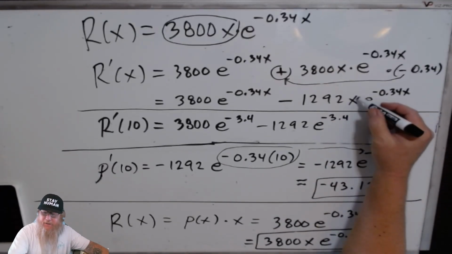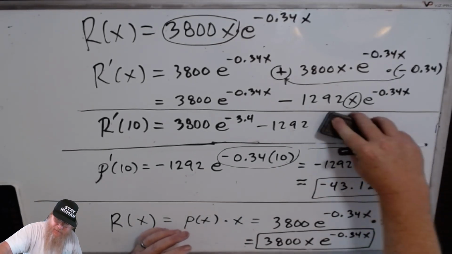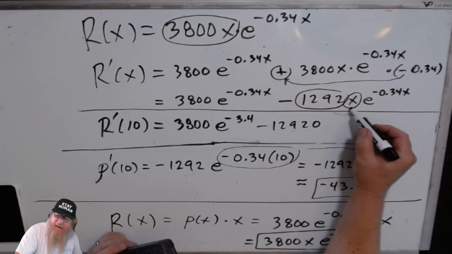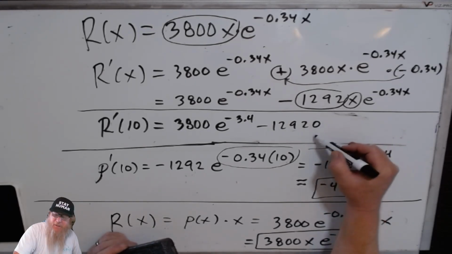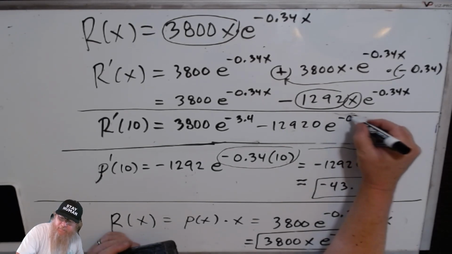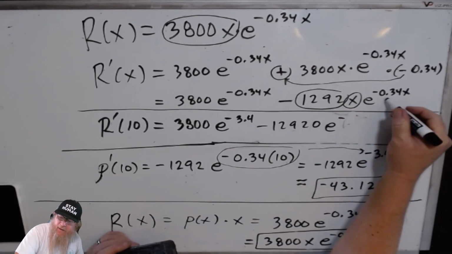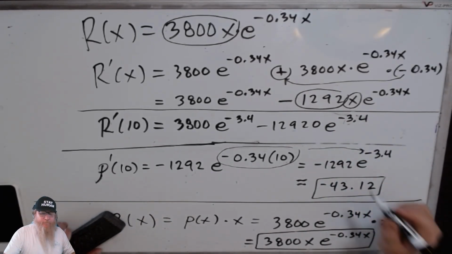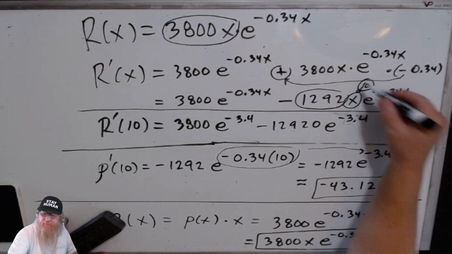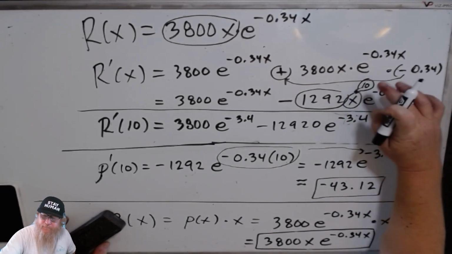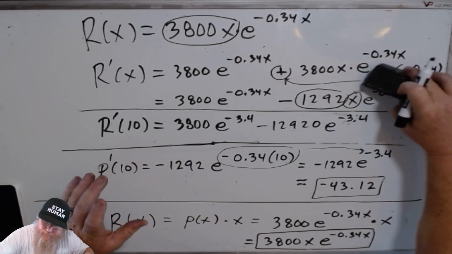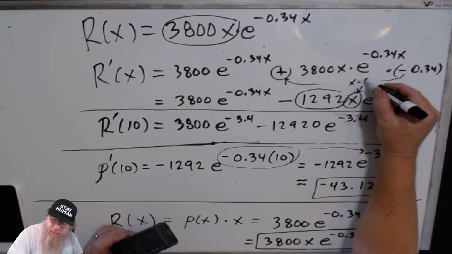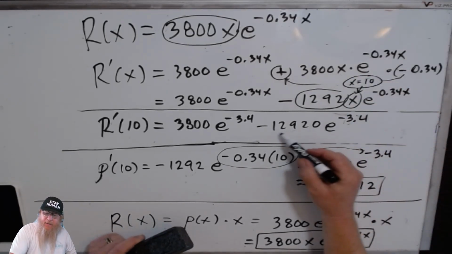Oh, shoot, we have an extra x here. So that's 1292 times 10. I'm just going to add an extra 0 here. And then 0.34 times 10 is going to be 3.4. So remember, x is 10. So that just adds a 0 here.